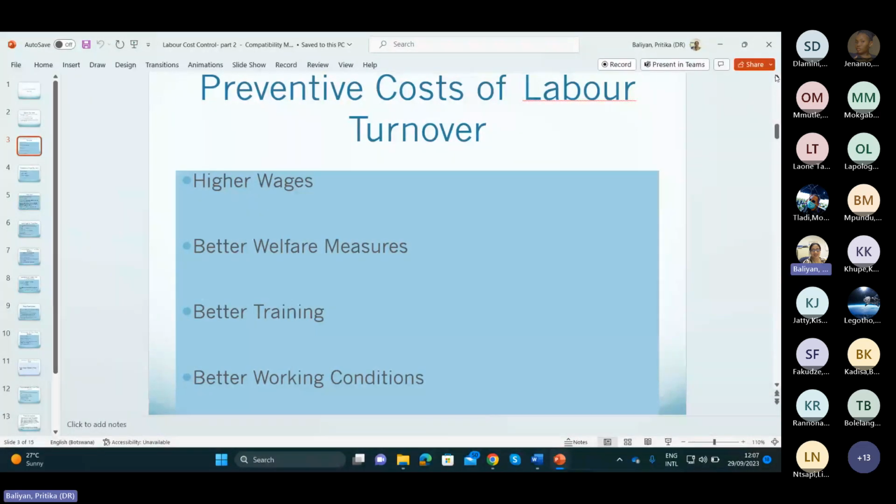Another way we can prevent the labor turnover cost is by better welfare measures for the workers. Better welfare means they should also provide non-financial facilities to the workers, like a healthy environment and a clear structure of the management.